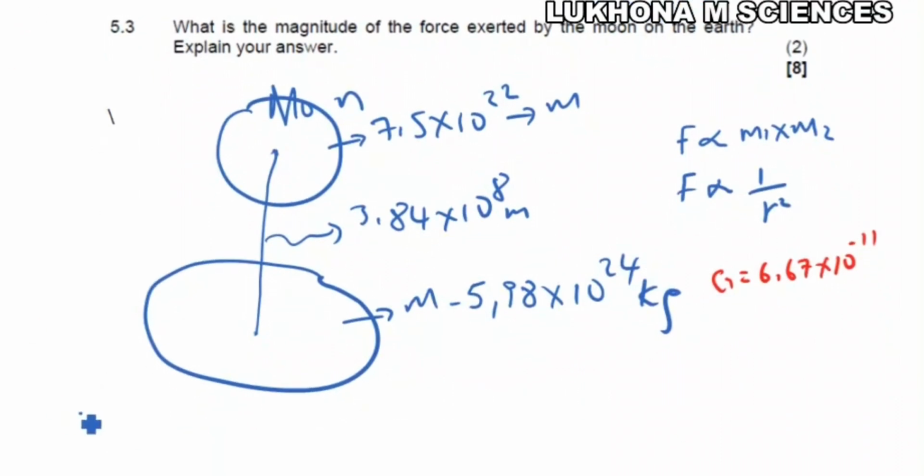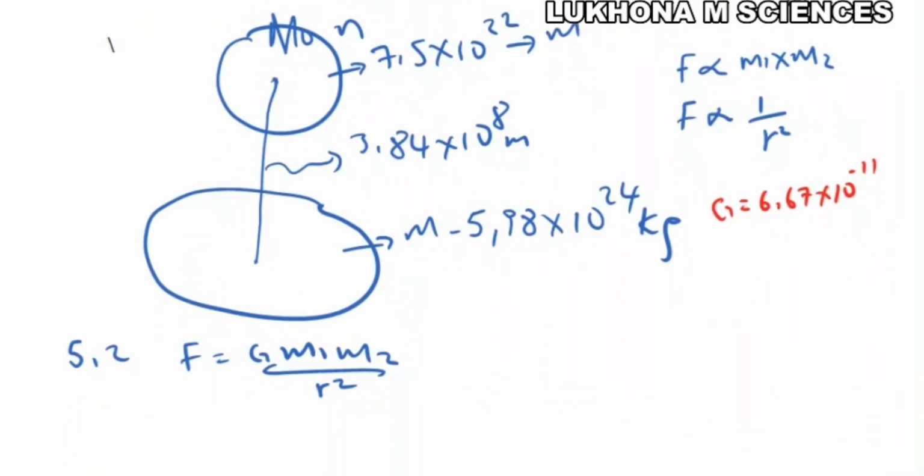F is equal to G M1 M2 divided by R squared. So this is body 1, this is body 2.